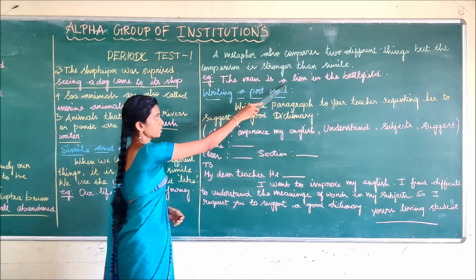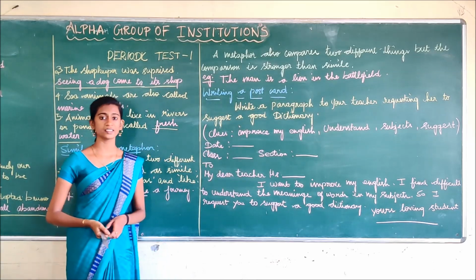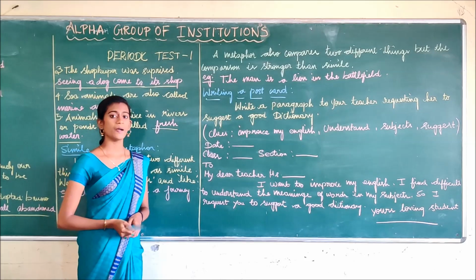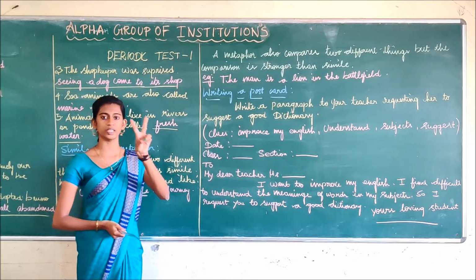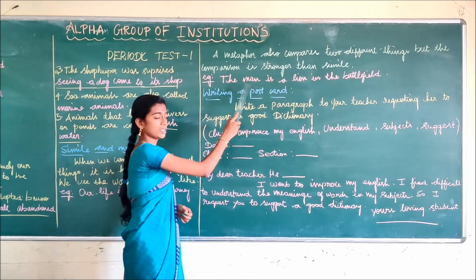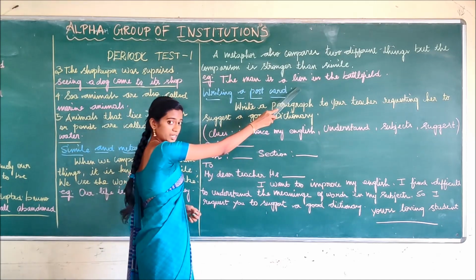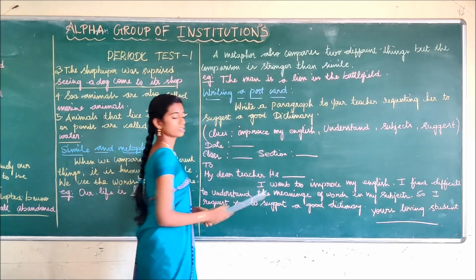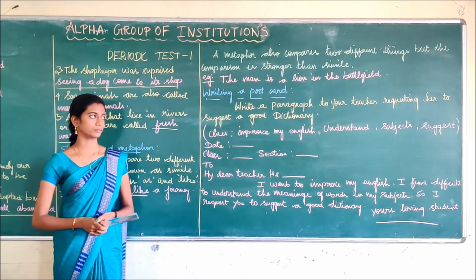See, in the sentence they didn't add the word as or like, but they have compared two things. What are those two things? The man and the lion. The man is a lion in the battlefield. So it is known as the metaphor.